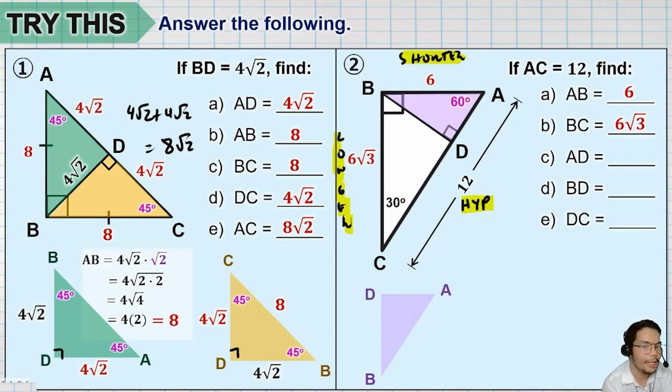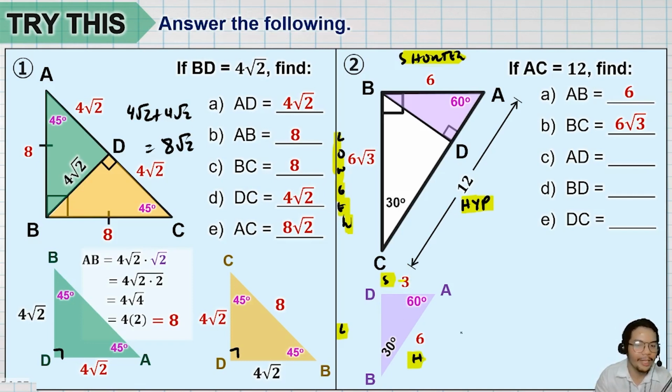And because they are similar, the angles inside them are also congruent. So 60 degrees at angle A, then 30 degrees at angle B. In this case, based on what we got from letter A, line segment AB measures 6. Since this is the shorter leg, this is the longer leg, and this is the hypotenuse, the shorter leg is half of 6. So line segment AD is going to be equal to 3. 6 divided by 2 is 3.